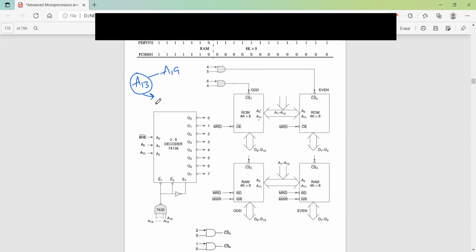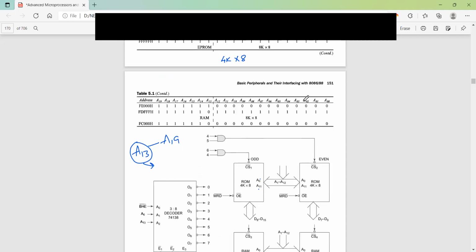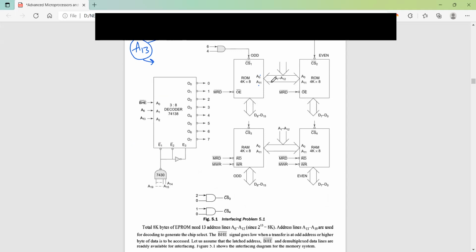If A13 is 1, we will be working with the ROM. So A13 we are taking for deciding whether we are using the ROM ICs or the RAM ICs. A13 being 1 will use the ROM ICs, and A13 being 0 is going to select the RAM ICs.